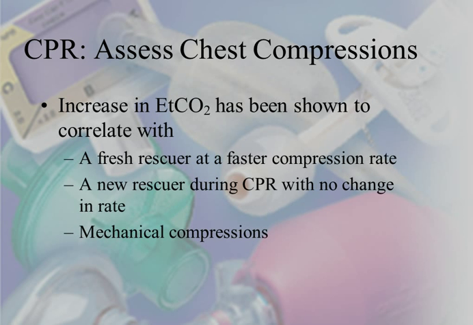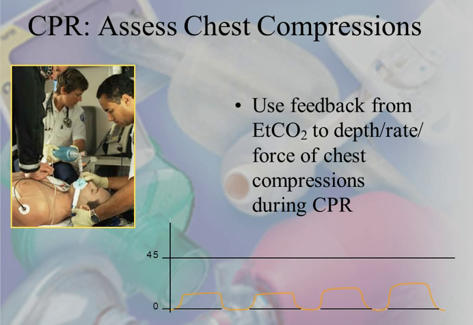All right, so an increase in end-tidal CO2 has been shown to correlate with a fresh rescuer at a faster compression rate, a new rescuer during CPR with no change in rate, and then mechanical compressions. There are some local departments that actually have mechanical compressions. They're very, very nice. They're just very, very expensive. All right, so you can look at that bottom EKG.